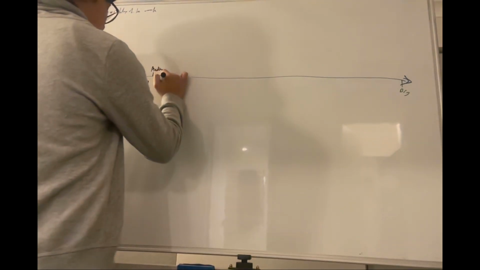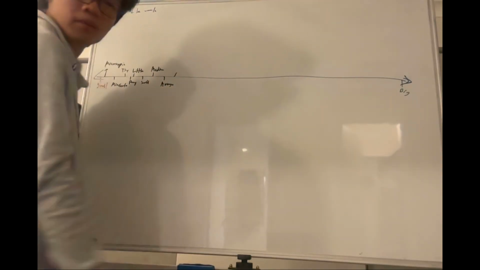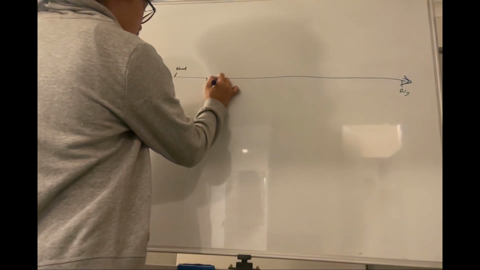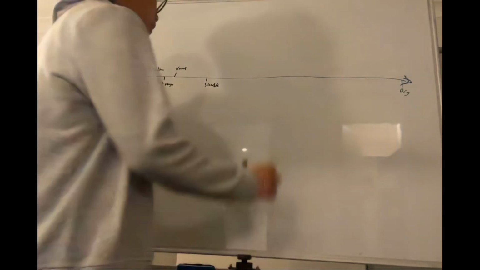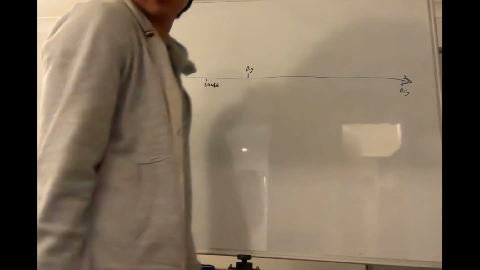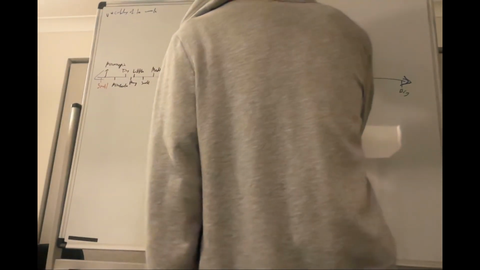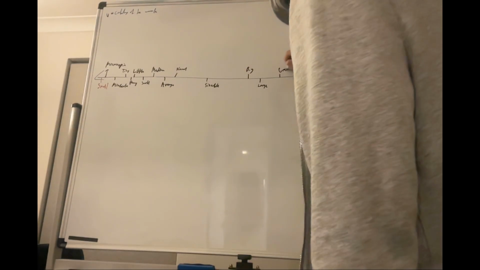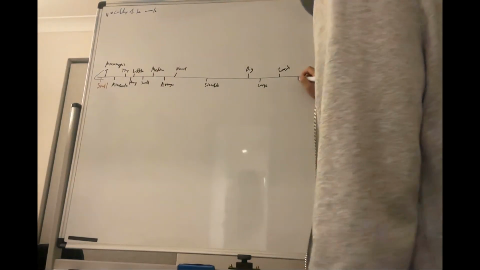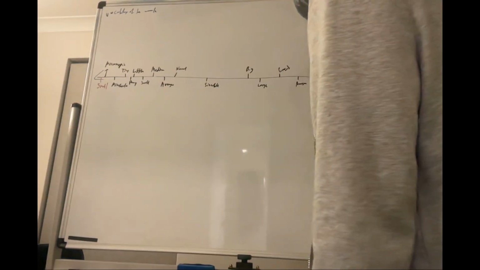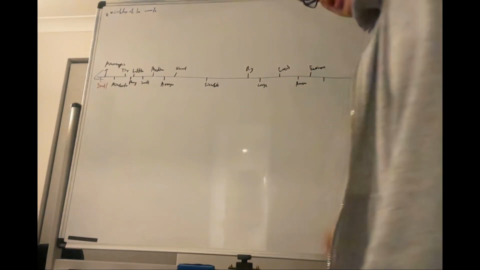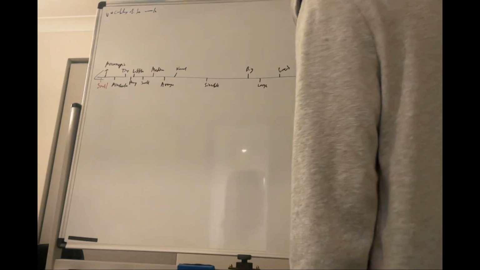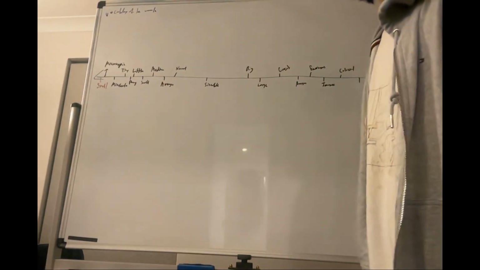Medium, average, normal, sizable. It's quite a big jump from normal to sizable, and it's big, large, it's not that big of a jump, great, massive, enormous, immense, colossal, gigantic.